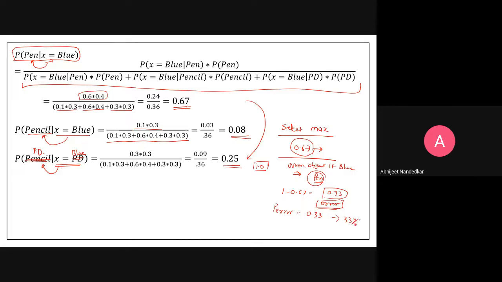Okay, so there is no guarantee, but there is quite a good chance that it is a pen. So this is how the probability works.